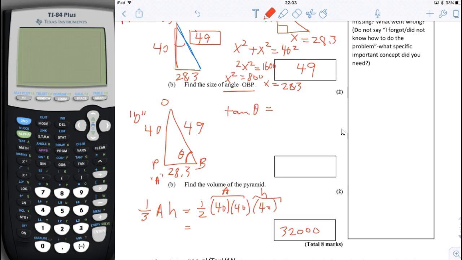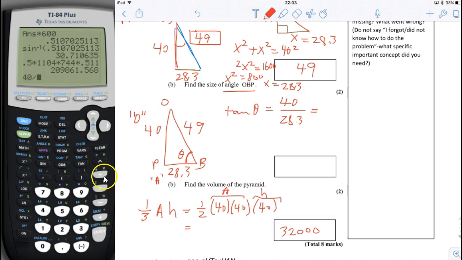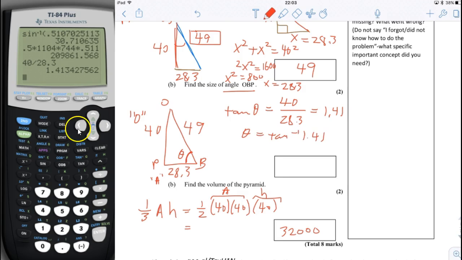The adjacent is 28.3, so I'm going to put the opposite as 40. I'll divide 40 by 28.3, and it gives me 1.41. Then I'm going to take the inverse tangent of both sides, and I'll get theta equals the inverse tangent of 1.41.